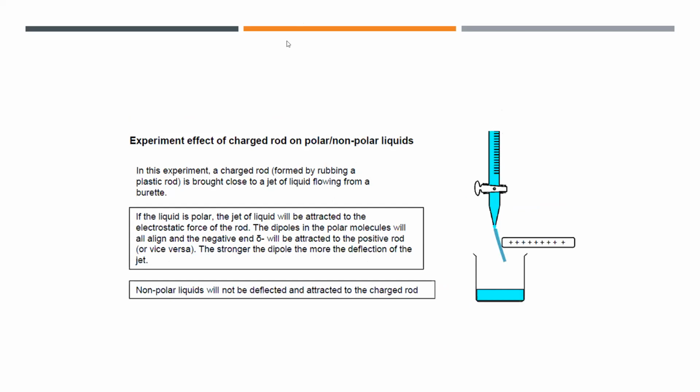If a jet of liquid coming out from the burette is deflected, it means it will be polar. If it is not deflected, it means it will be non-polar.